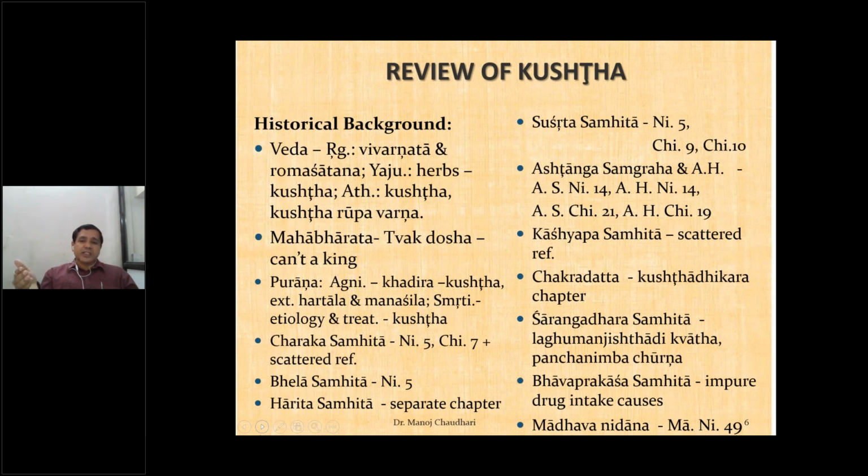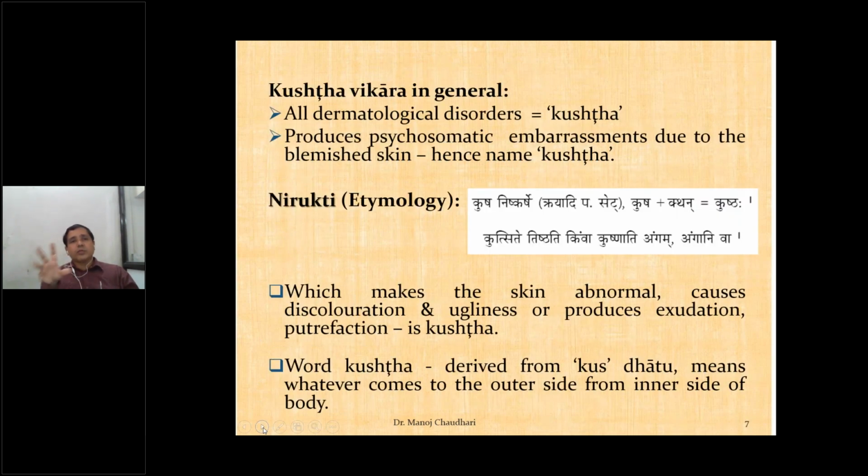In Bhava Prakash Samhita also, some causes are described, such as impure drug intake. In Madhav Nidana, a Sangraha Grantha from the Laghutrayi, the 49th chapter is dedicated to Kushtha. After this review, we can see that almost all the Brihatrayi and Laghutrayi mention skin disease.